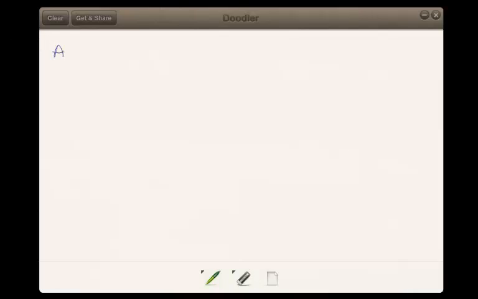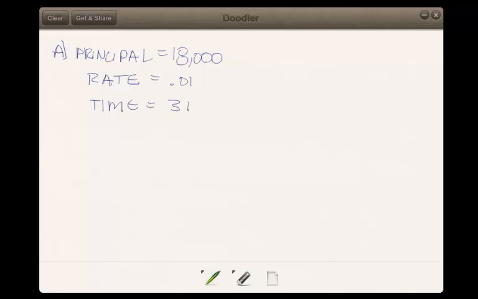So part A, the principal is equal to $18,000. The rate is 1%, which I'm going to write as 0.01, and the time is equal to 3 years.